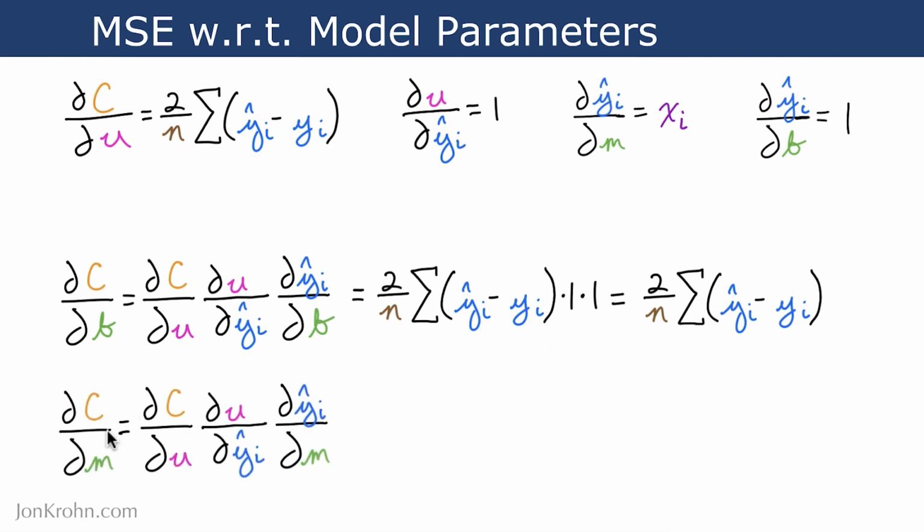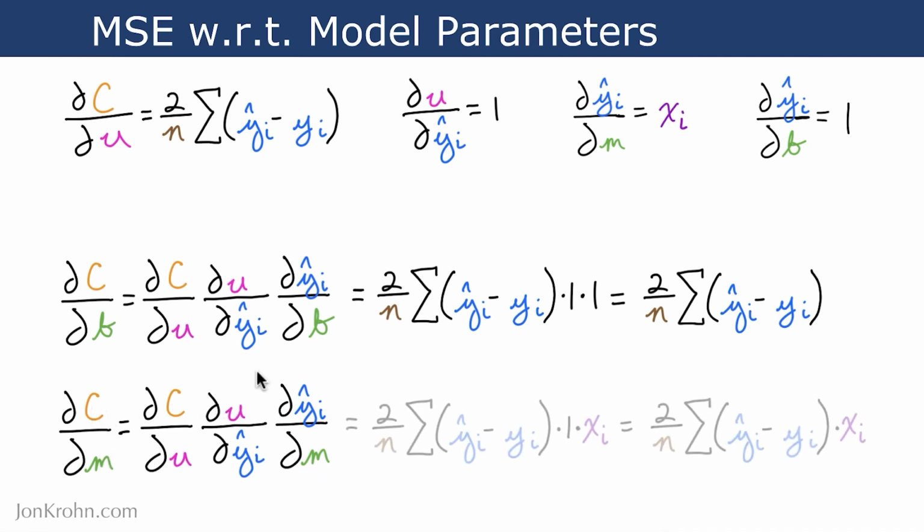For ∂C/∂m, it's a similar story. The first 2 partial derivatives are the same. And then the third one in our chain rule is ∂ŷ/∂m, right? And now the ∂ŷ's will cancel out, the ∂u's will cancel out, and we'll be left with ∂C/∂m. So, substituting in those expressions, we have this one here again in front, ∂C/∂u. Again, ∂u/∂ŷ is just 1.